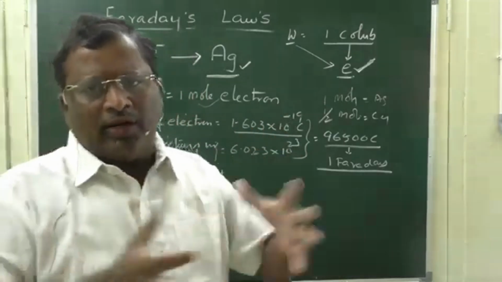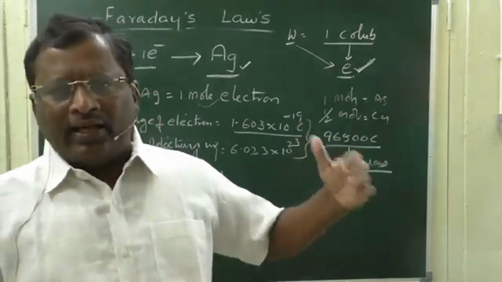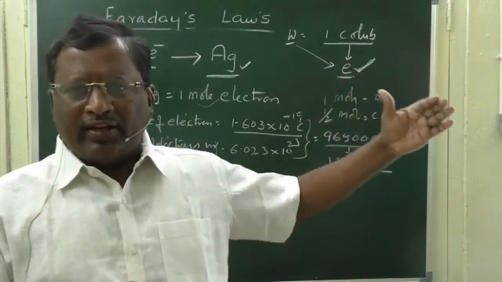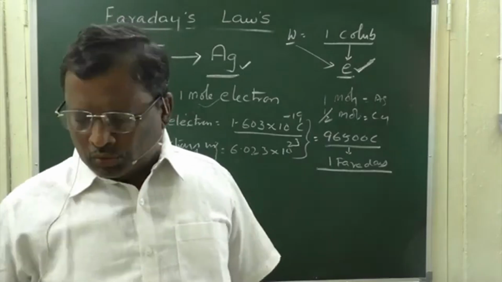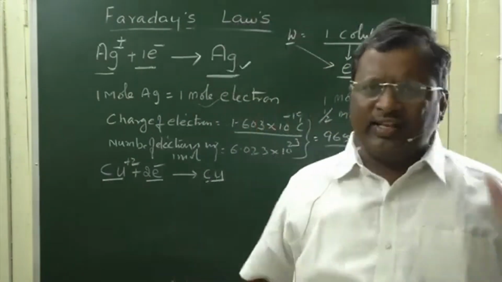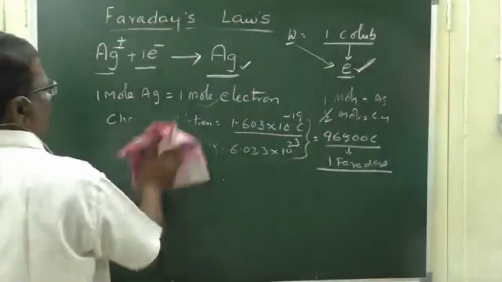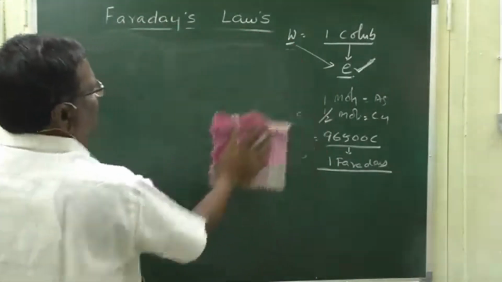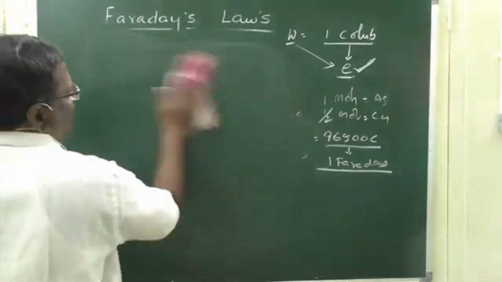So, if the same quantity of electricity is used, that is why the elements are deposited in the ratio of their equivalent weights. So, from this it is evident that for any substance, the weight deposited is in proportion to its equivalent weight. This is the final conclusion from Faraday's second law.